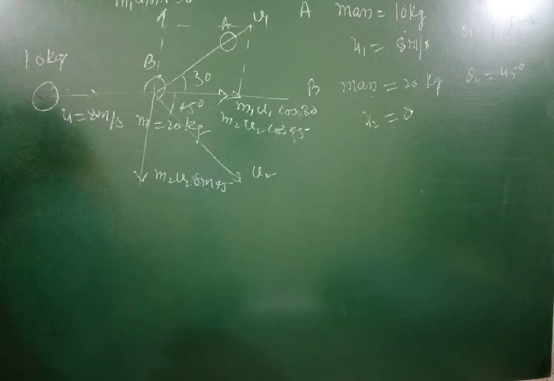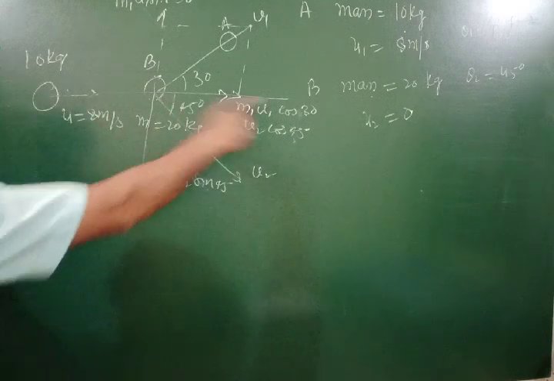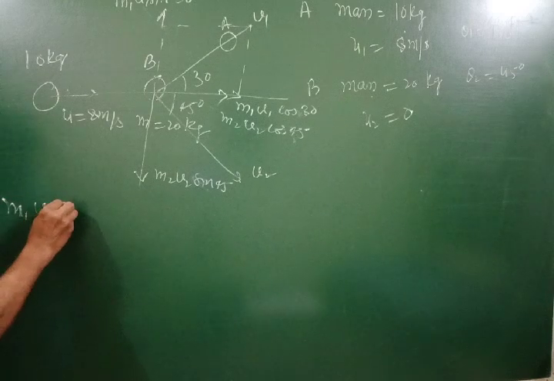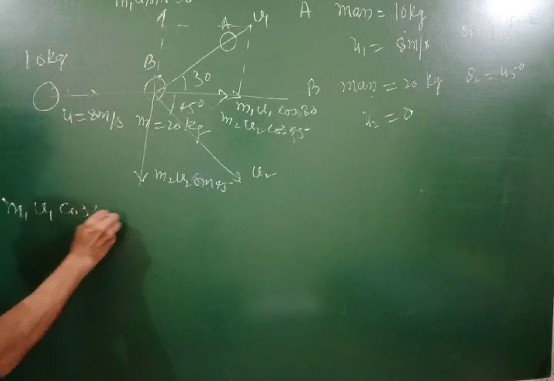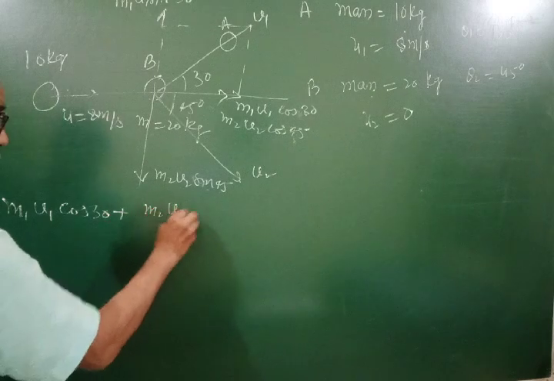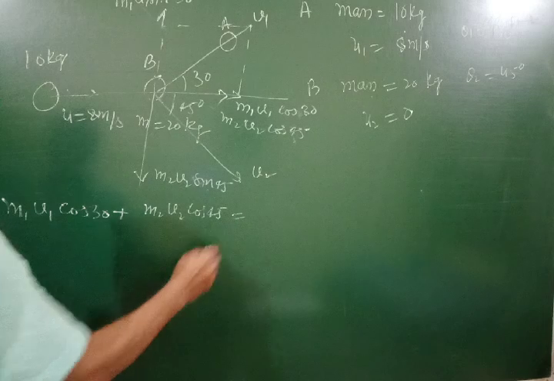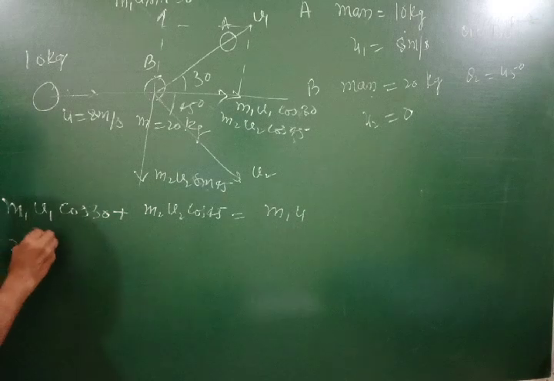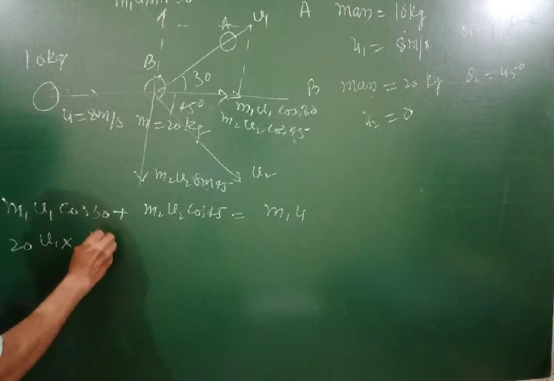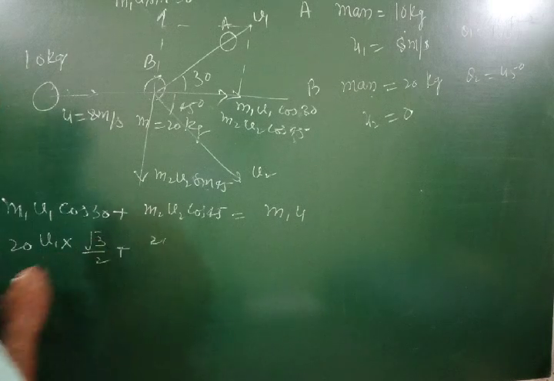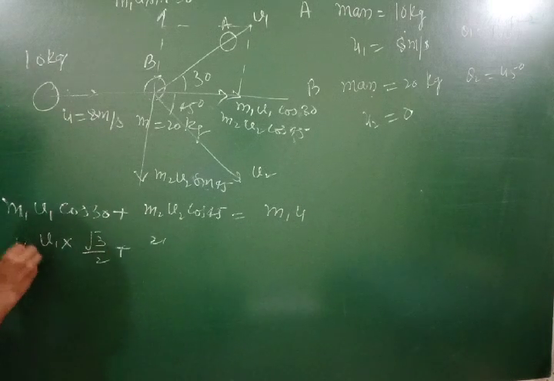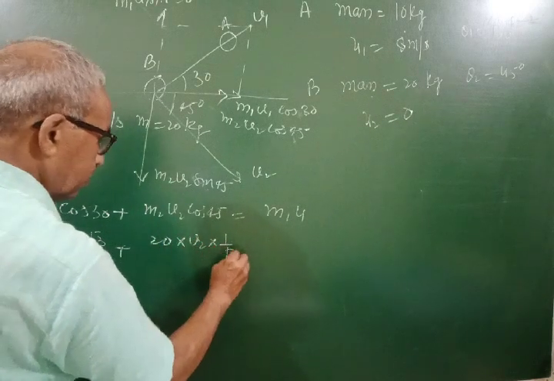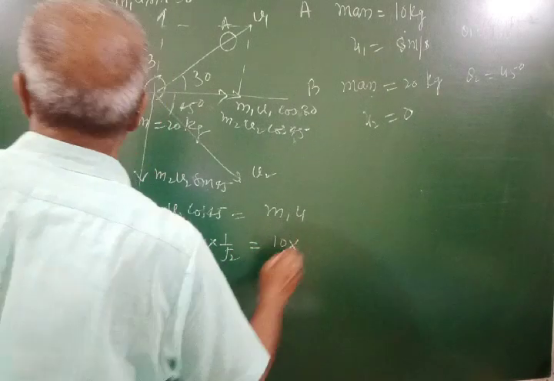Now how to solve? Momentum is conserved, so final momentum M1 V1 cos 30 plus M2 V2 cos 45 is equal to M1 into U. Values here: 10 V1 cos 30, root 3/2, plus 20 into V2 into 1/root 2, equal to 10 into 8.